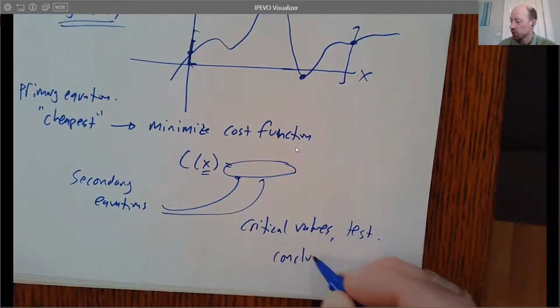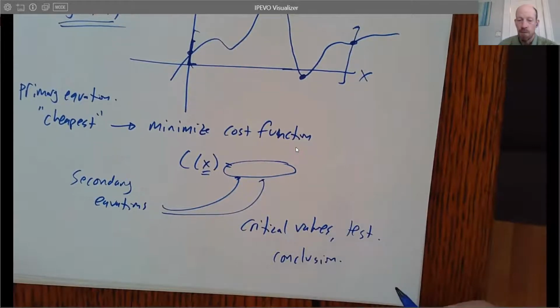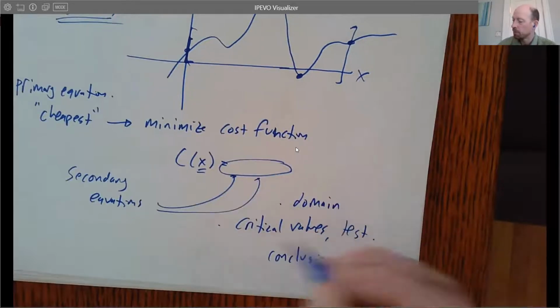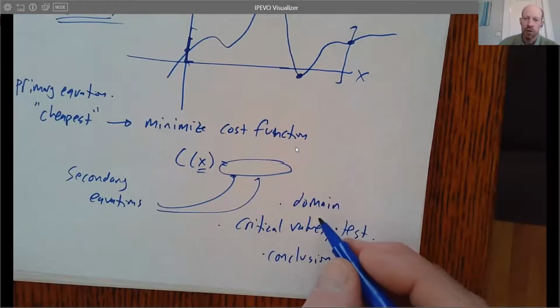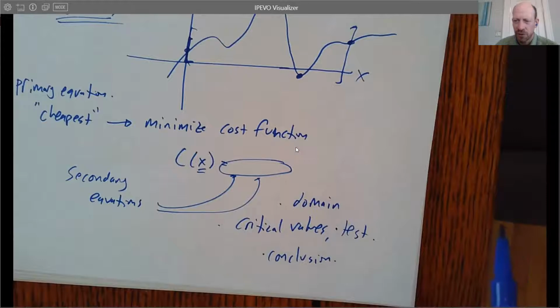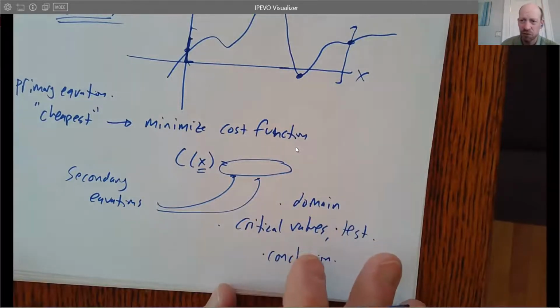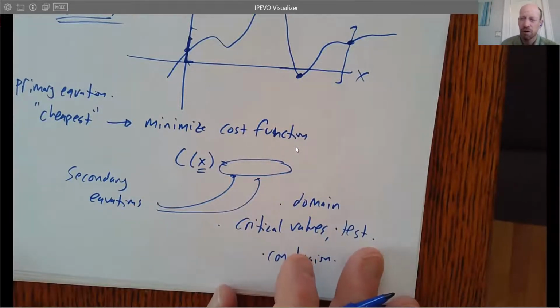And we come up with a conclusion. And I guess I should also put in their domain. We often need to figure out what the domain is so we can frame our work. And all this stuff is the old stuff. It's just the stuff you were doing in 4.2, well, 4.3.